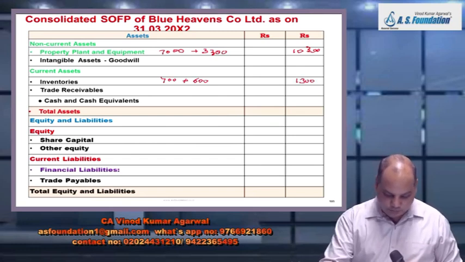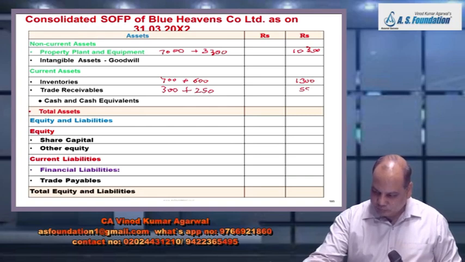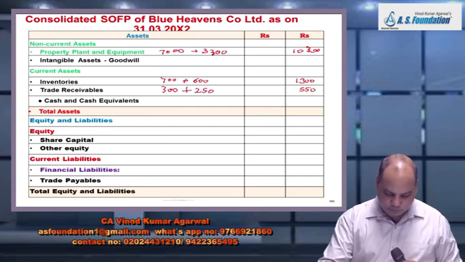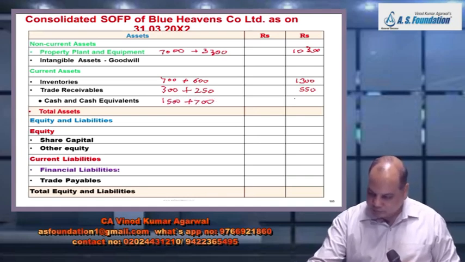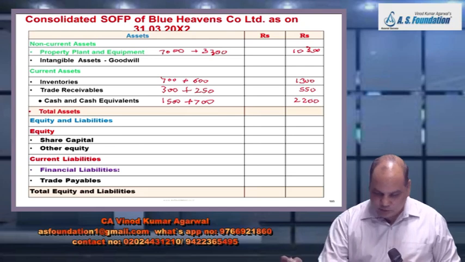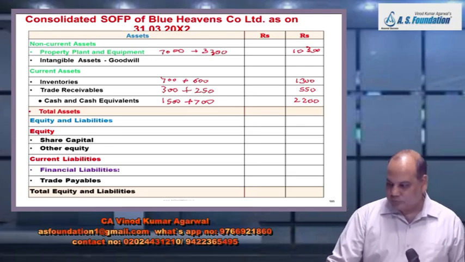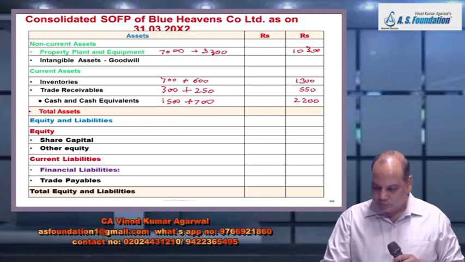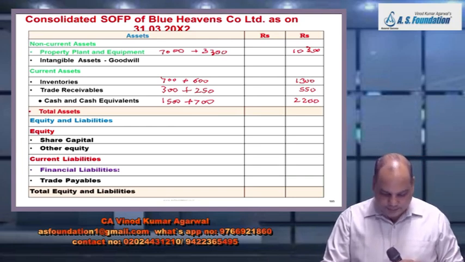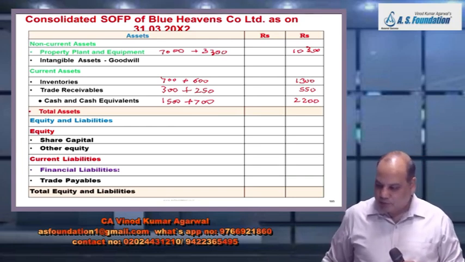Trade receivable 300 plus 250, 550. Cash 1,500 plus 700, 2,200. Okay.